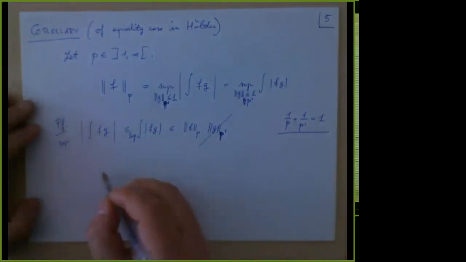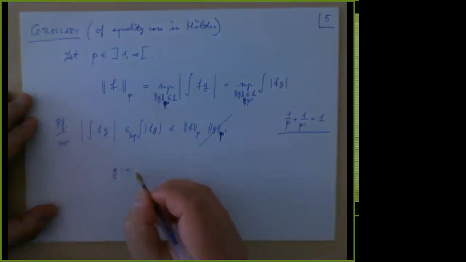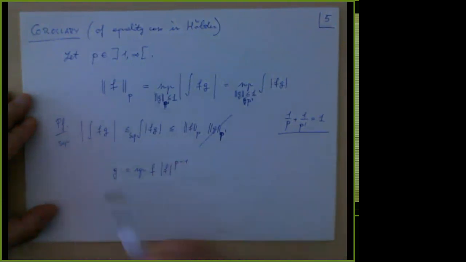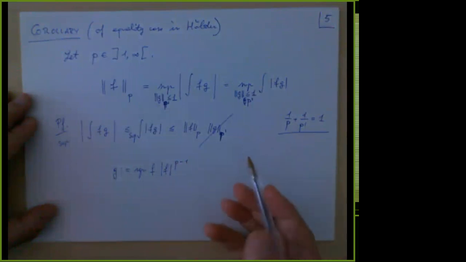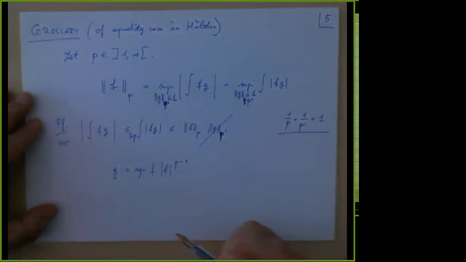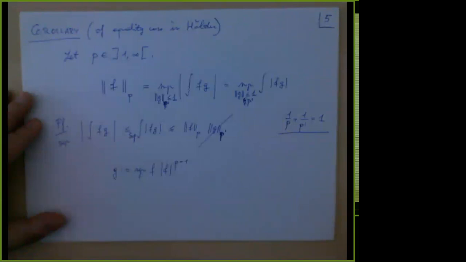So maybe I just briefly repeat what we got. We started taking a function g, sign of f, and then you take |f|^(p-1). So this is not necessarily normalized to 1. And then from this, you produce another one, which is normalized to having p prime norm equal to 1.